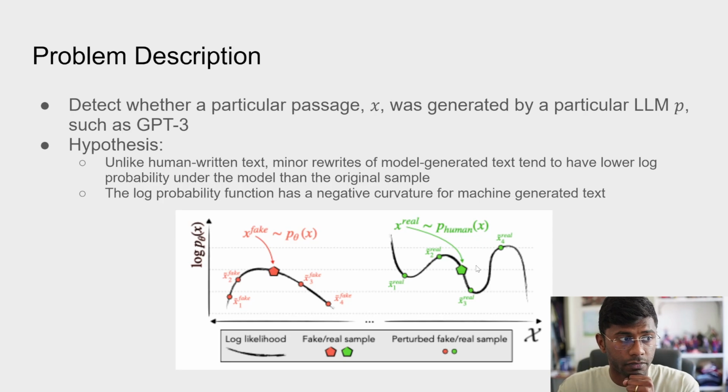All right. The hypothesis behind this approach for DetectGPT is that minor rewrites or small perturbations of this model-generated text are almost always going to have a lower log probability under the model.